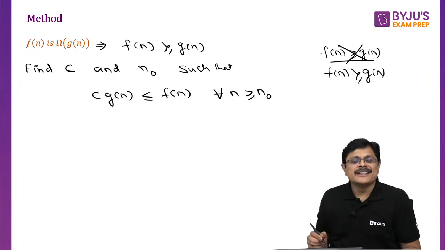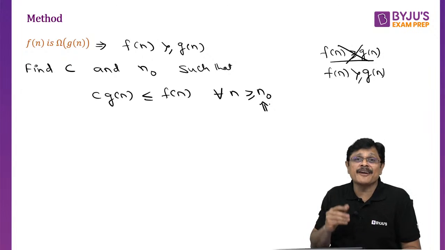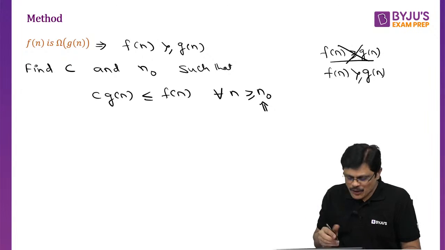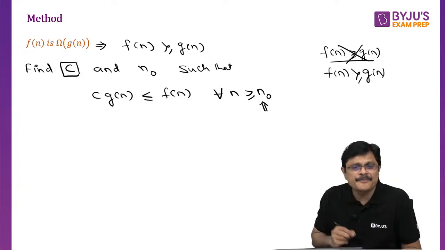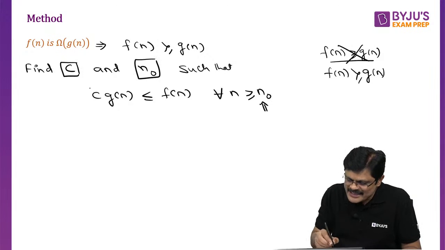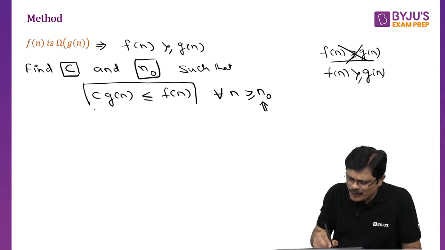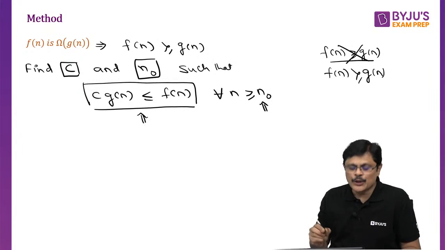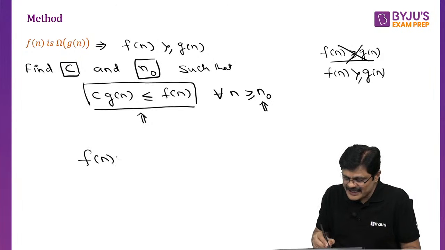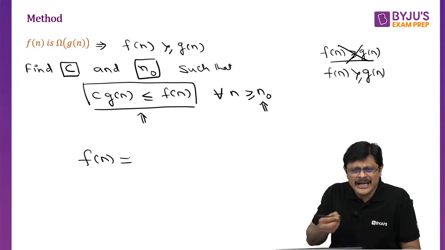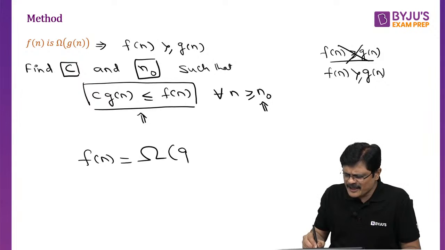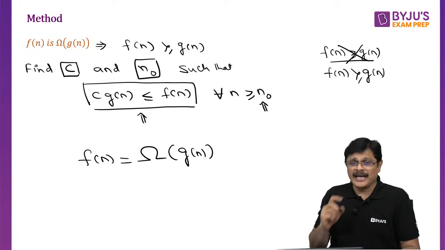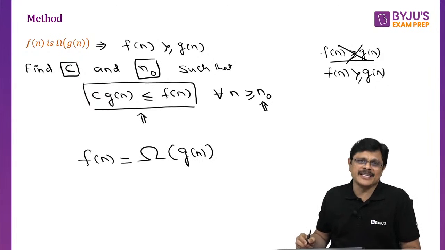My mother tongue is Telugu, my dear friends. Right. C times g(n) is less than or equal to f(n), and it should happen for large values of n. So we have to find one C and one N0 satisfying this condition. If you are able to find that one C and one N0 satisfying this condition, you can say that f(n) is, strictly speaking we write belongs to, f(n) is big omega of g(n).